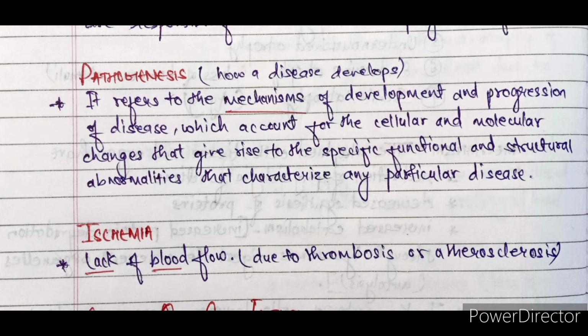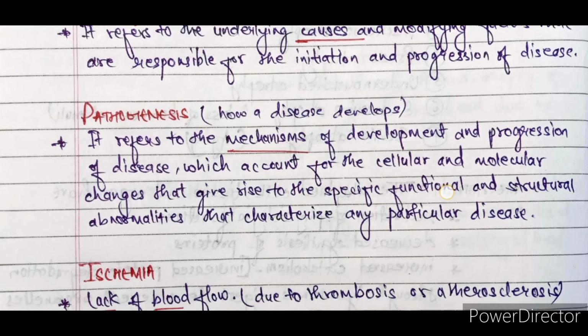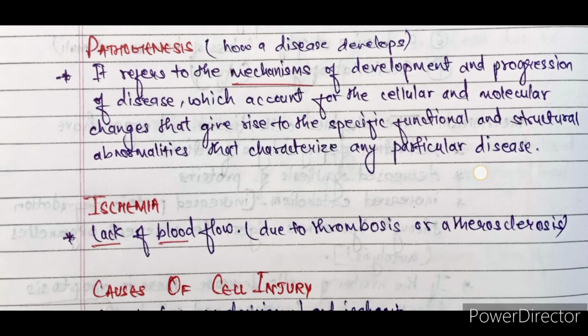It refers to the mechanisms of development and progression of disease, which account for the cellular and molecular changes that give rise to the specific functional and structural abnormalities that characterize any particular disease. So, etiology means cause and pathogenesis means mechanism of disease.